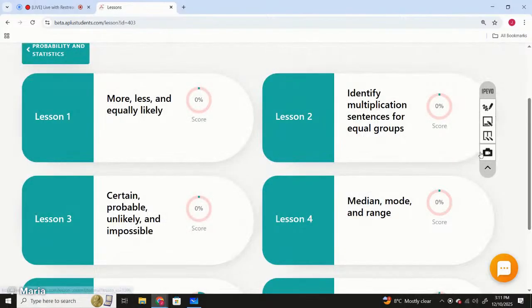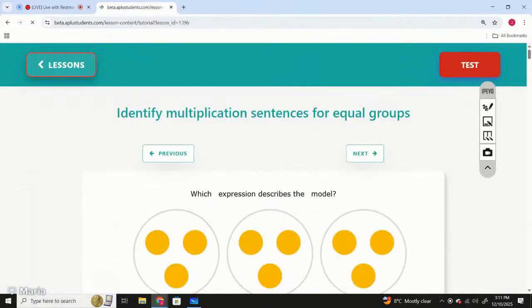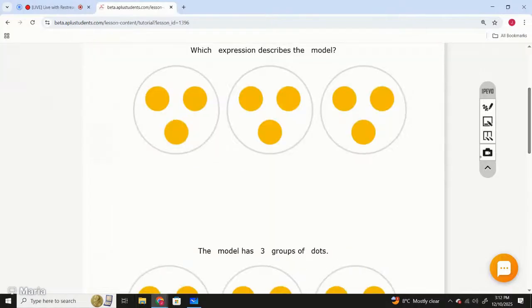Identify multiplication sentences for equal groups. Which expression describes the model?